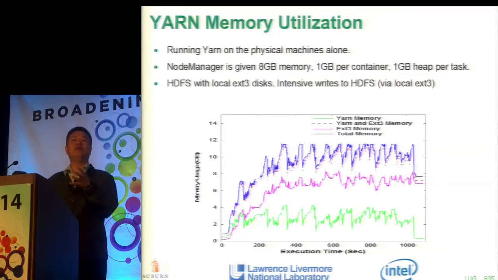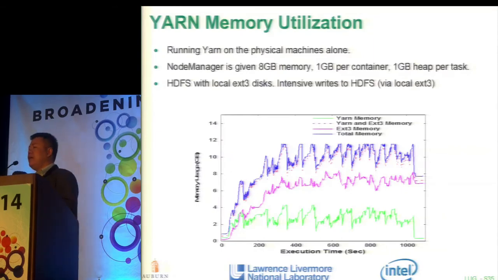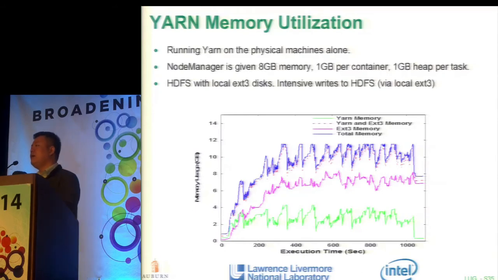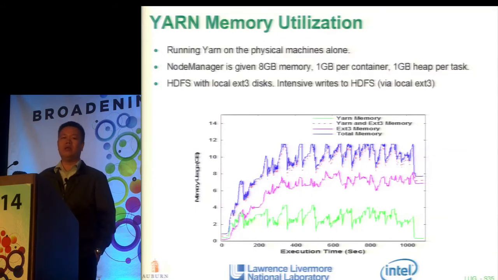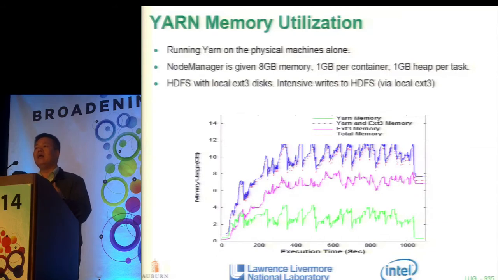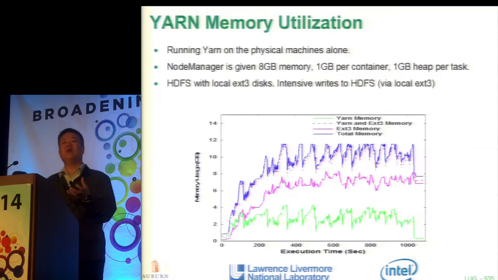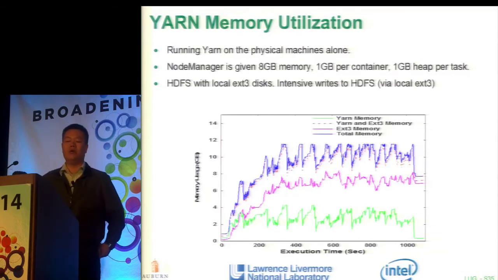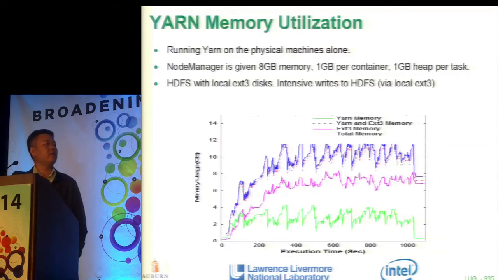As most of you in this audience know, Lustre server functionality requires a lot of memory. So if we put YARN's analytics workload into the storage server, we wonder what kind of perturbation the memory consumption would cause to Lustre functionality. We want to make sure that running YARN along with Lustre OSS and OSD doesn't take too much memory away from those. So we profile the memory utilization, as you can see from this figure.